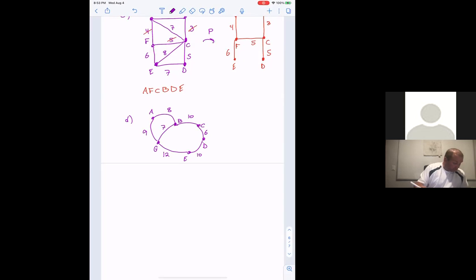G and B connect with a weight of 7. There's an F in the middle. And B to F is 6. And E to F is 5. And C to F is 7. And G to F is 11.